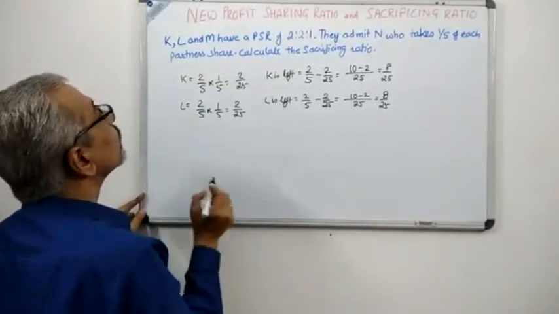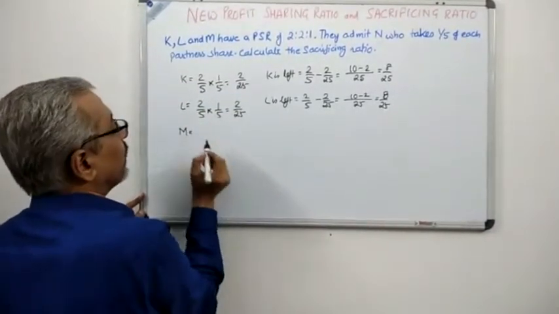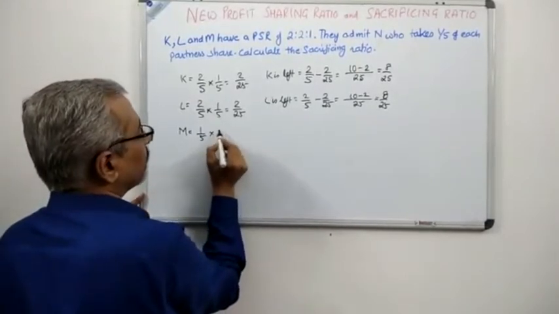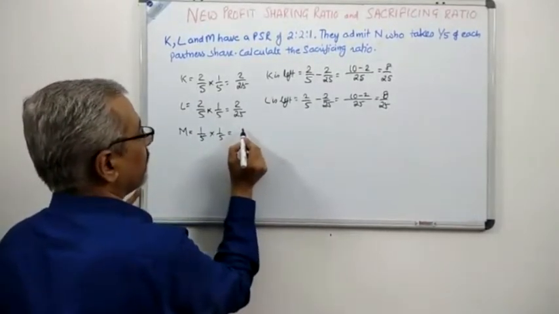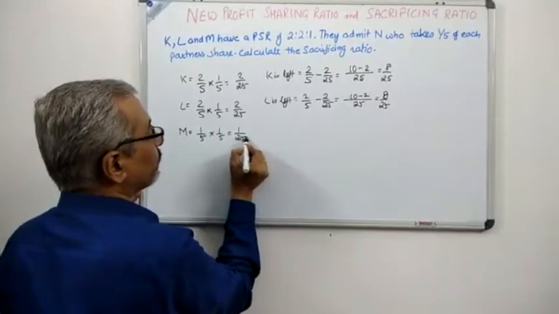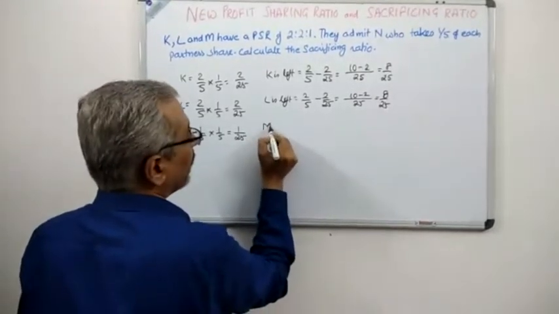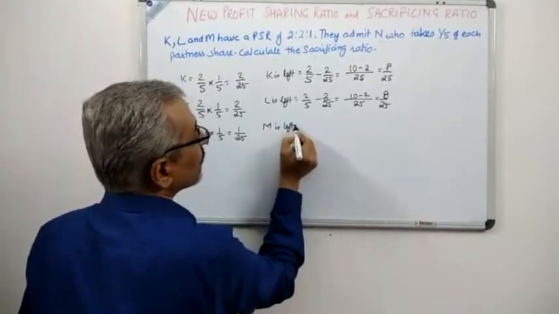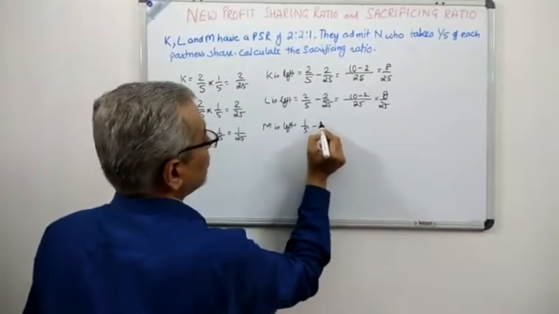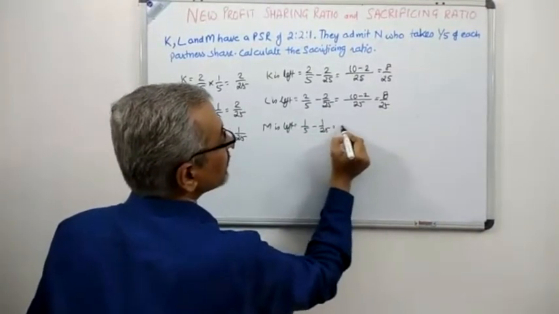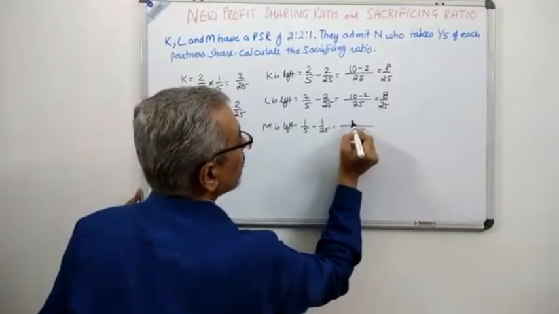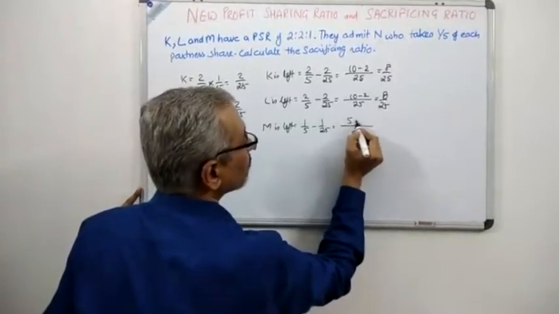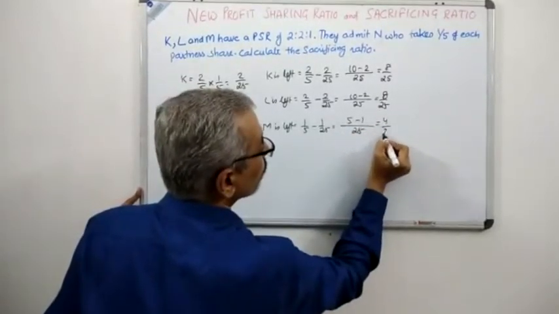Now let us see what M is left with. M has 1/5 into 1/5, that gives us 1/25, and therefore M is left with 1/5 minus 1/25, the LCM is obviously 25. So we have 5 minus 1, that gives us 4/25.